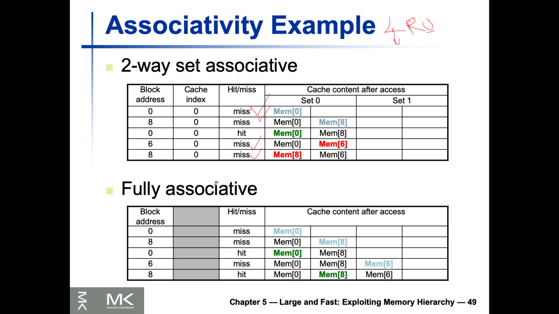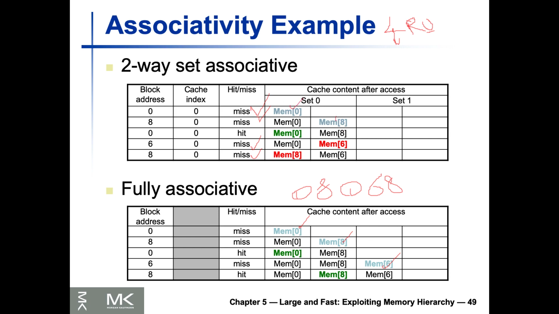So for fully associative, now we have no sets, so we can place it anywhere. You see that with the same sequence, which was 0, 8, 0, 6, 8, now we have only 3 misses, and these blues are the ones after the update.